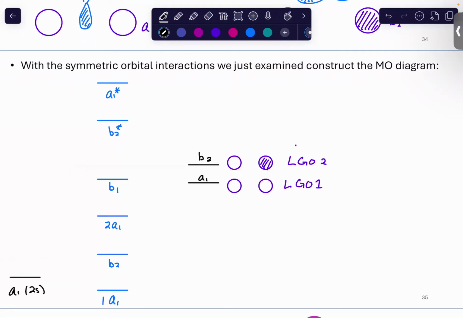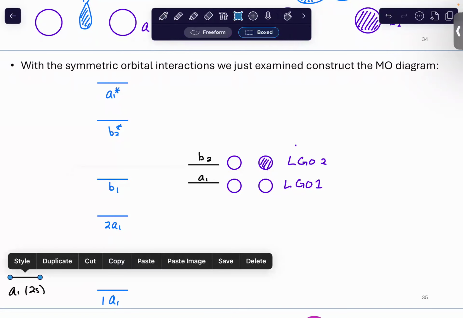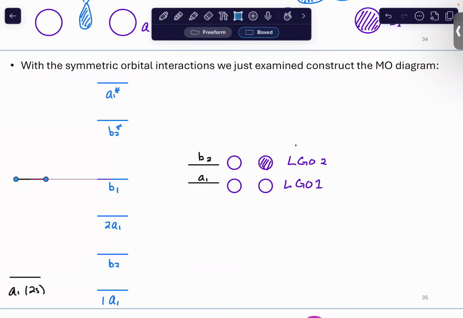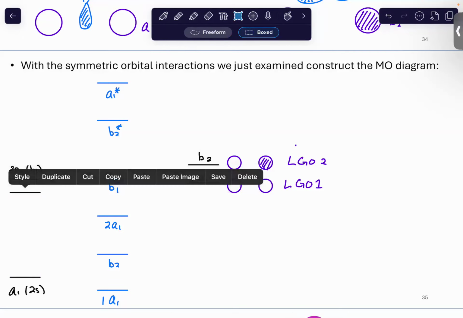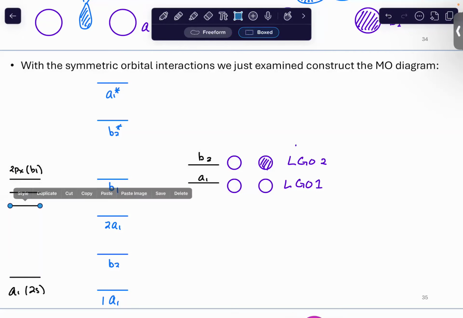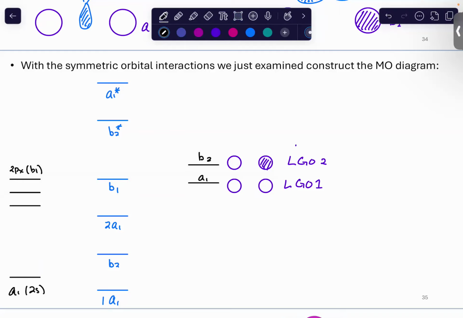Now I know that has to be my B1 for my 2px. Then my other orbitals are going to go right in here. So of course, those will be my, just kind of the way this works out, this will be my A1 and my B2.